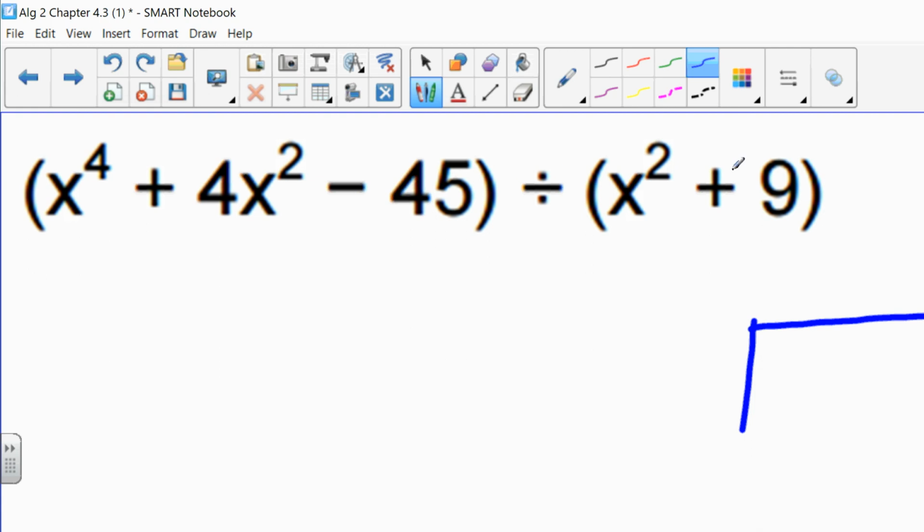So let's see what goes inside. So we would have x to the fourth, and then what? Plus 4x squared, plus, and what's outside is we have x squared plus what?